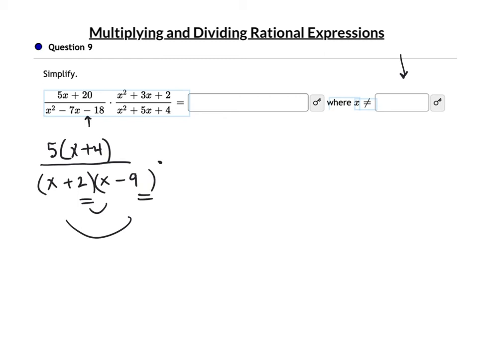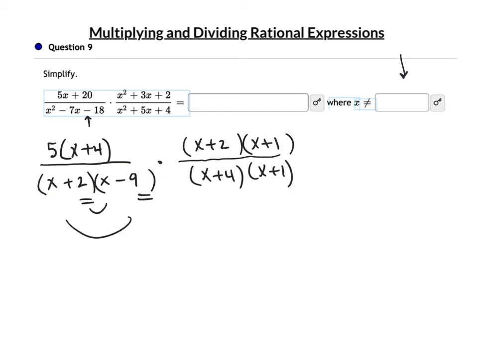Times, we're not dividing, we don't have to flip the second fraction, just work it out. Factors of 2 that add to 3 are 2 and 1, x plus 2, x plus 1. Factors of 4 that add to 5 are 4 and 1, x plus 4 and x plus 1.